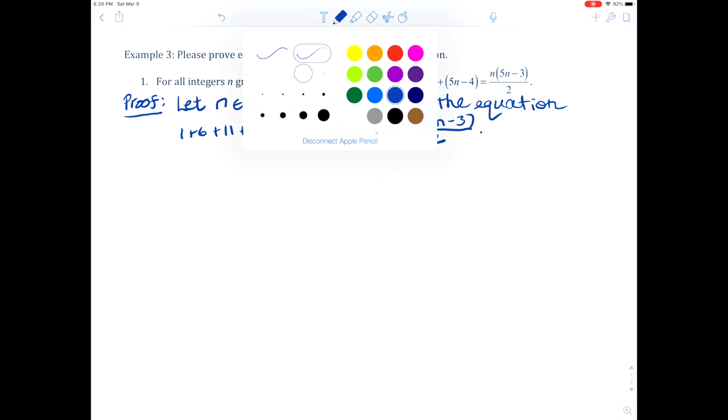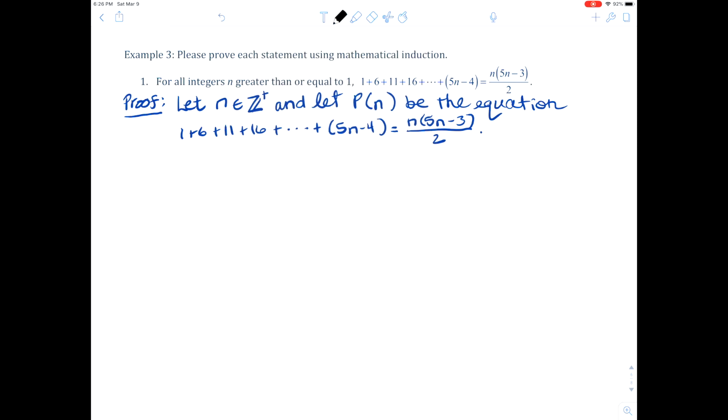All right, so what's the first step? Well, first step, we've got to do the basis step. And what are we starting with? Beautiful. We're starting with 1, right? So we need to check P at 1.